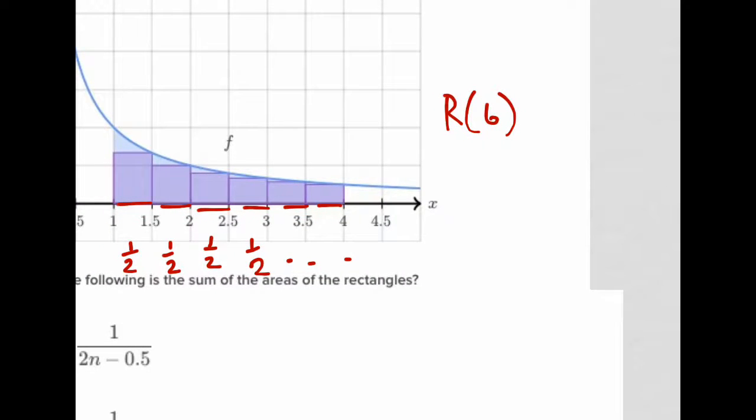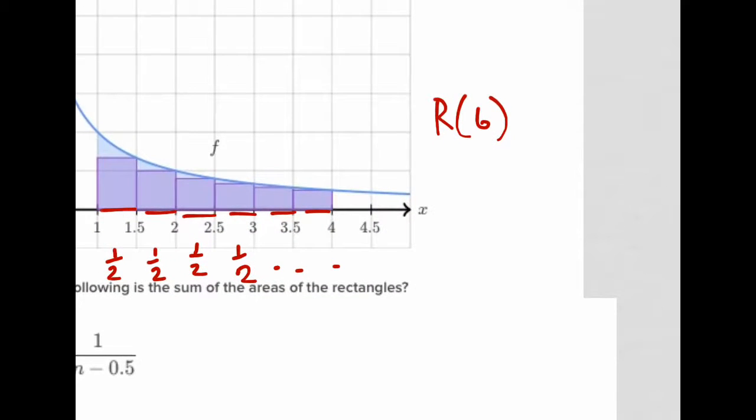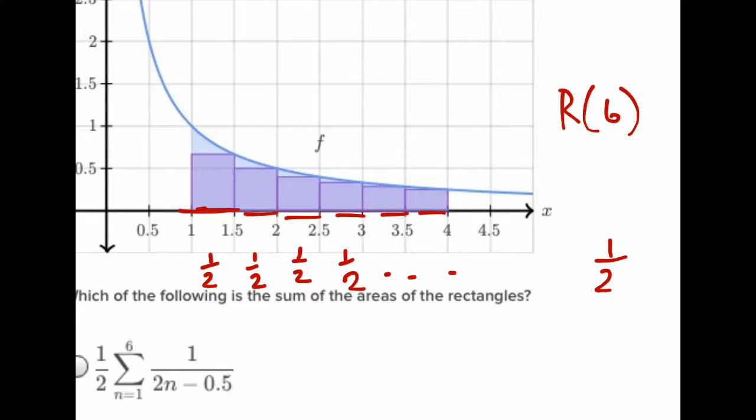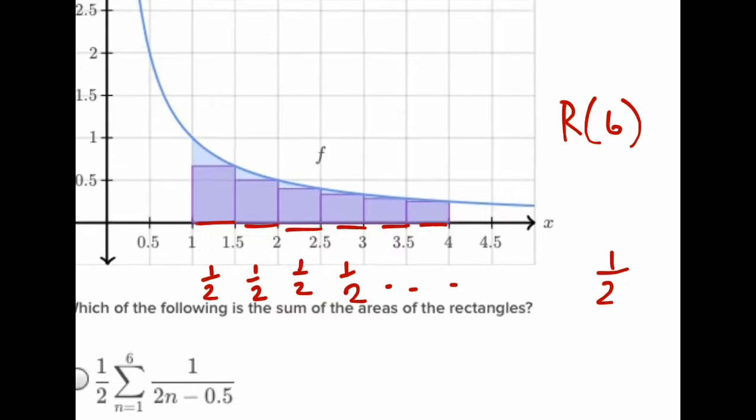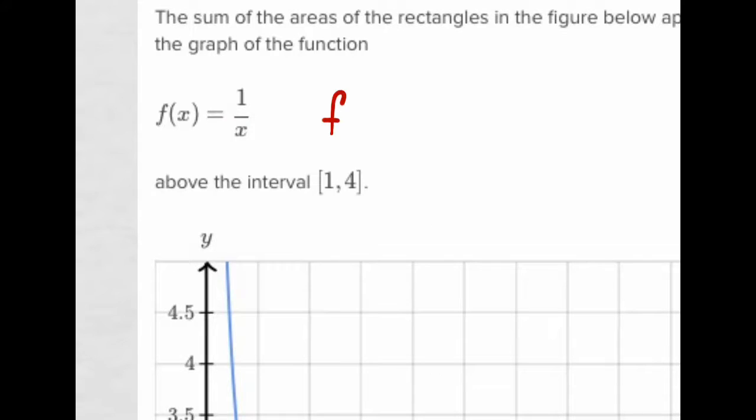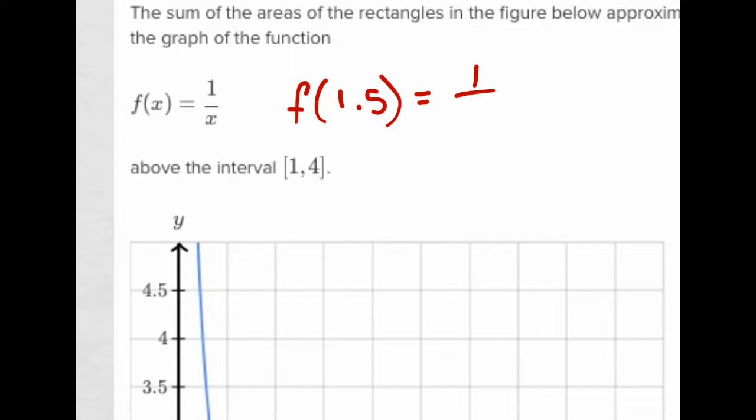For the first rectangle, I would have 1/2, that's the base, times the height. How do I get the height? Well, I know that the top right corner touches my graph. So if I plug 1.5 into my function, the y value would be given. f of 1.5 would be 1 over 1.5, the same thing as 1 over 3 halves.